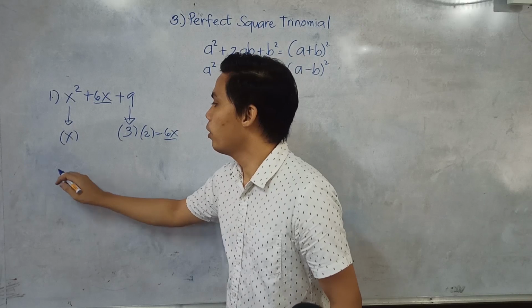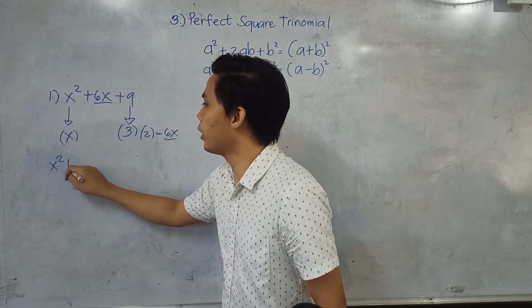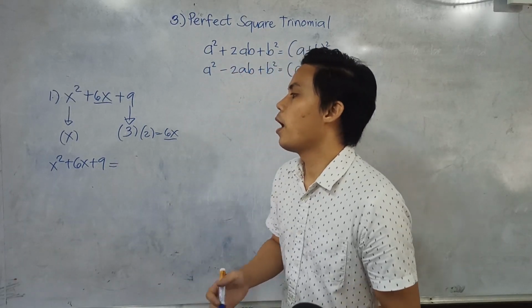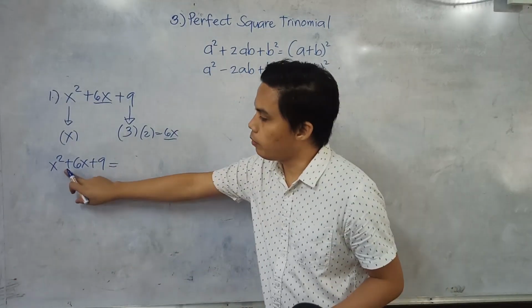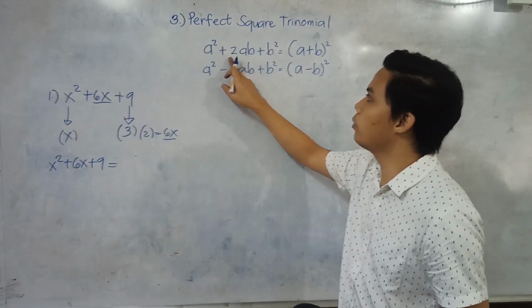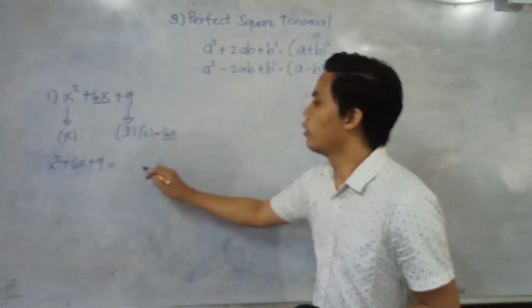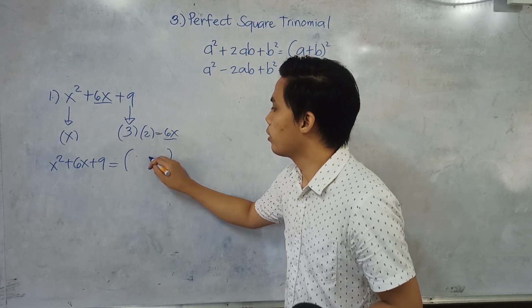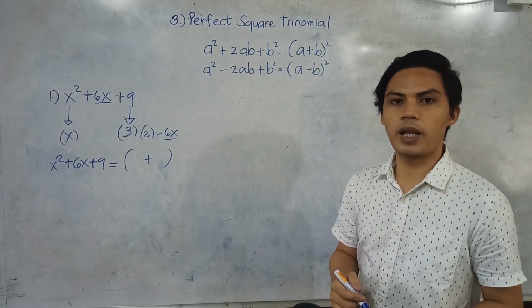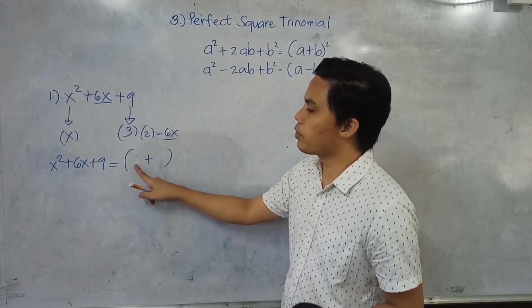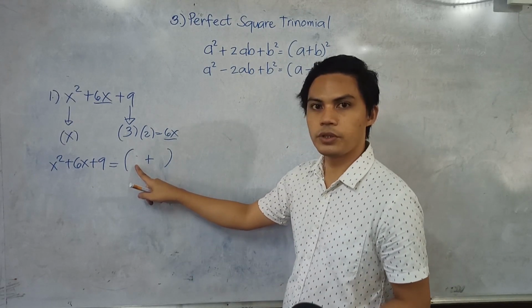So, paano isusulat ang kanyang factors? Ganito lang yun siya. So since positive yung second term natin, we're going to follow the first form. So dapat positive din. Okay. Isang parenthesis, then yung sign sa gitna is plus, o positive. Now, ang ilalagay natin dito sa first term is yung square root ng first term.